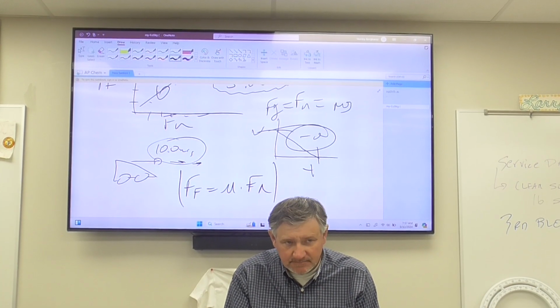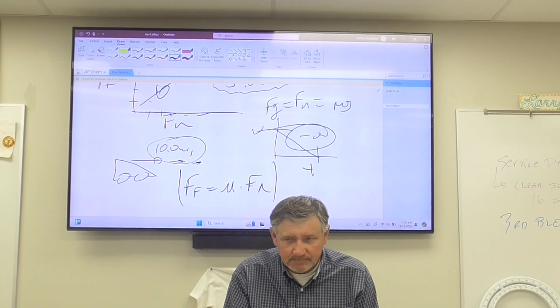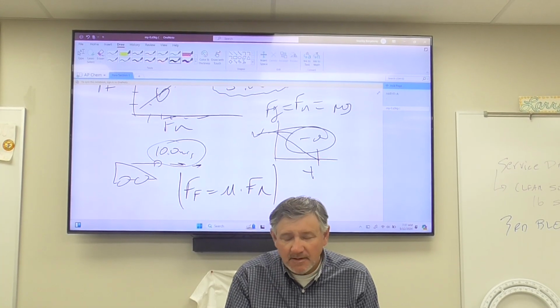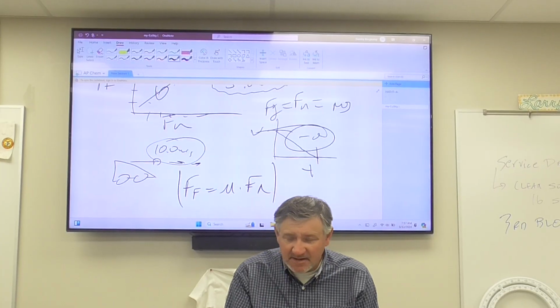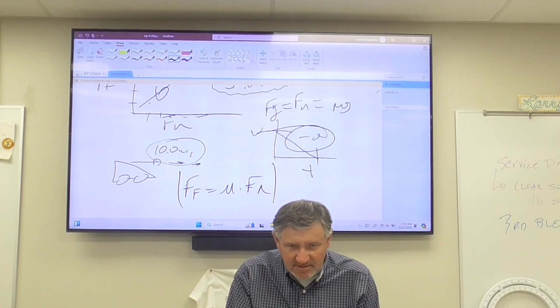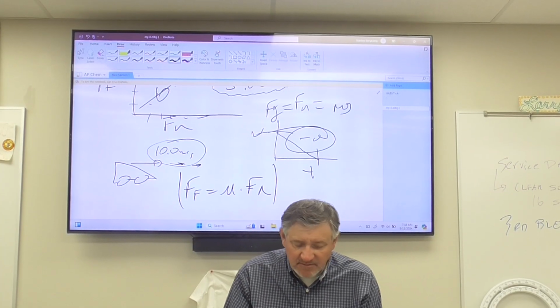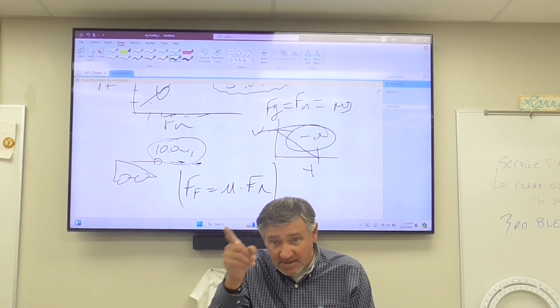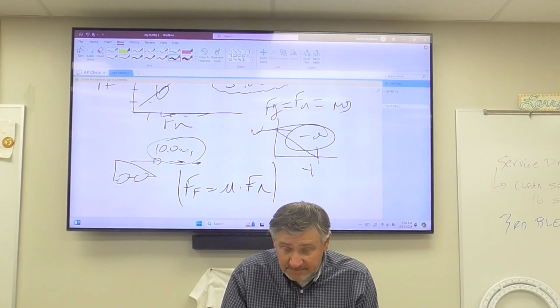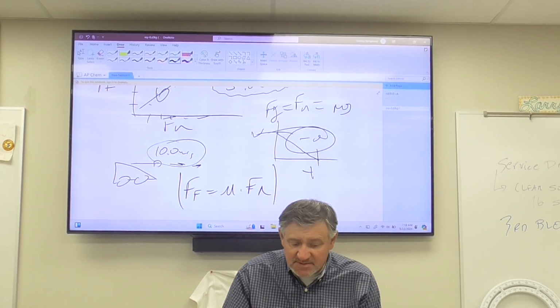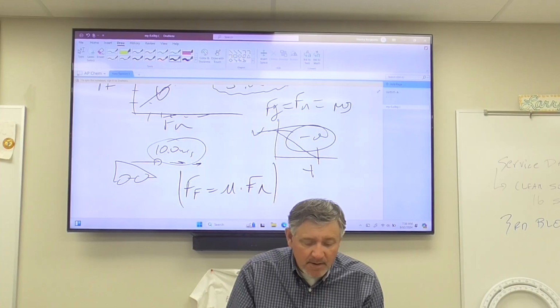What is missing? Coefficient. Well, beyond that. Time. You don't have time and you need to calculate the acceleration. So what equation are you going to use? That equation. Once you find the acceleration, then you can use F equals ma, then you can find the force. Once you have the force friction, then you can calculate mu.